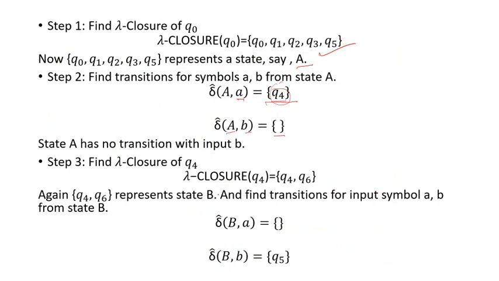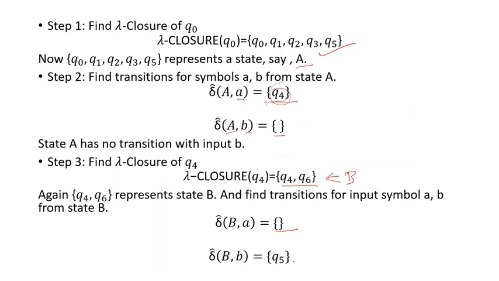Again we represent this set with B, and again we have to find whether any transition is possible with the symbols A and B. There is no possible transition with symbol A, so this is empty, and there is only one state reachable from set B, which is Q5.